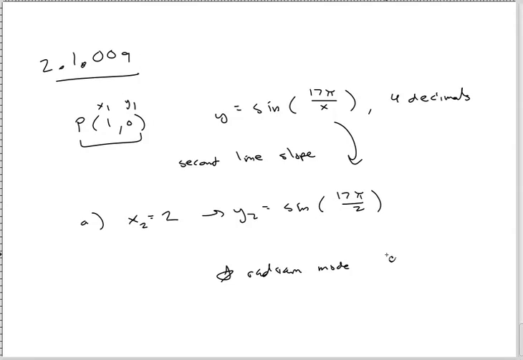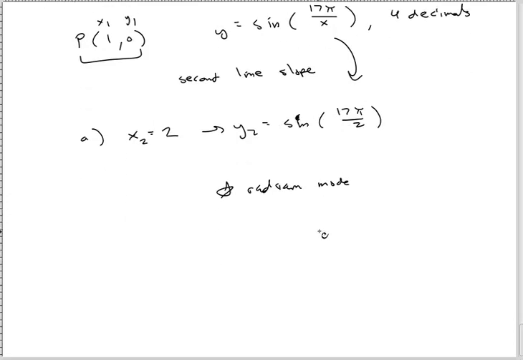Or you can use a hand calculator, just as long as it has a radian mode, because that's going to be important here. Make sure you're in radian mode. It has to tell you degrees to actually be in degrees. Okay? So this is my y2 and x2.